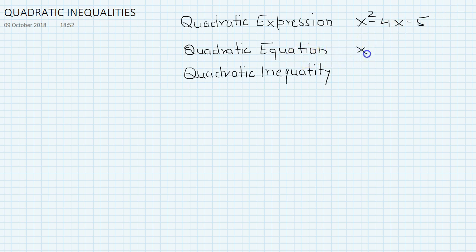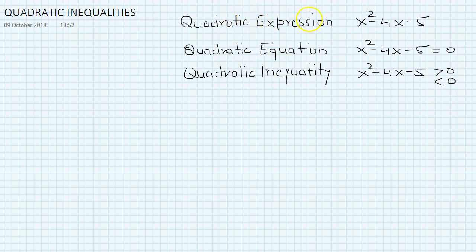A quadratic equation is x squared minus 4x minus 5 equal to 0, and quadratic inequalities use either greater than 0, less than 0, less than or equal to 0, or greater than or equal to 0.